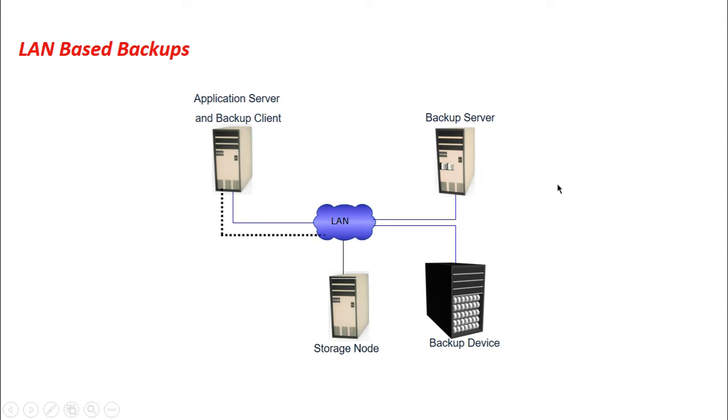The data will be sent from the application server or backup client over the LAN through the storage node to the backup device, and the metadata from the backup client will be sent to the backup server over the LAN, bypassing the storage node. So this is your LAN based backup topology.